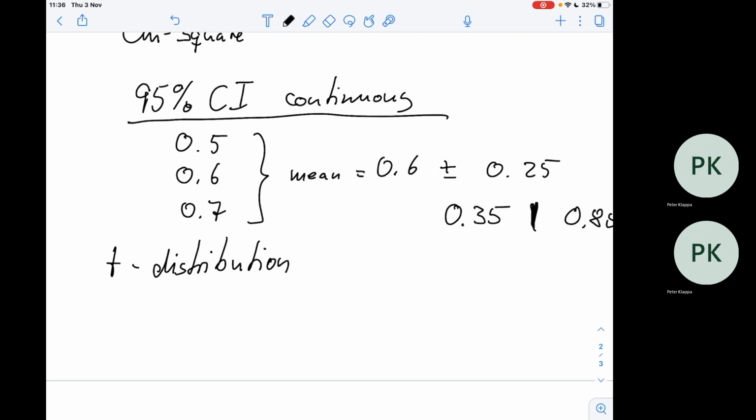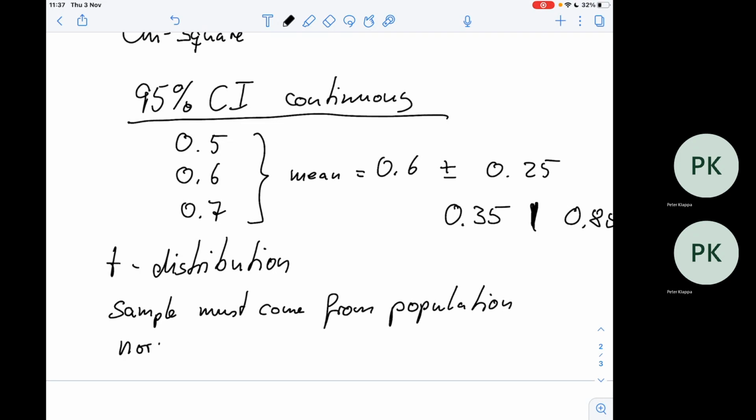We can't use that for count data or ratios. And the sample that we have taken, our measurements, sample must come from a population that is normal distributed.